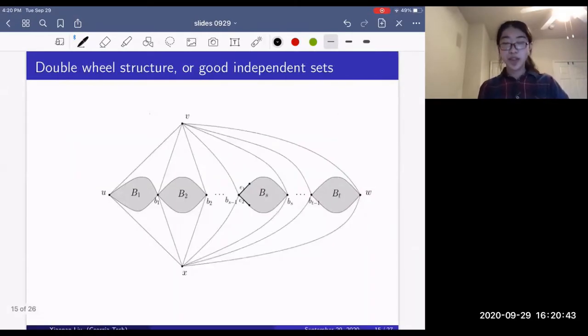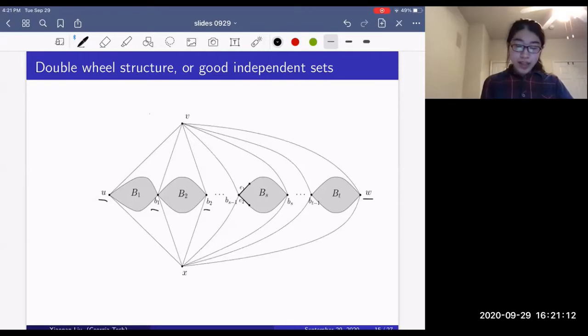So we come to this structure. We denote all common neighbors of V and X as U, B1, B2, up to B_t, W here. Also we know that in the 4-connected planar triangulation, B1, B2 to B_t are blocks, so it's a chain of blocks here.